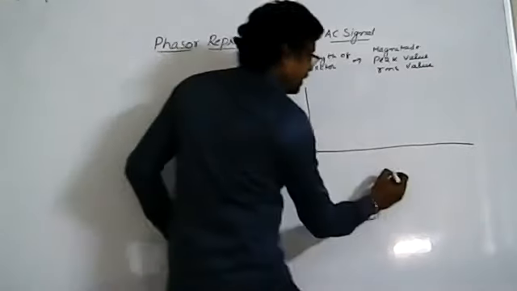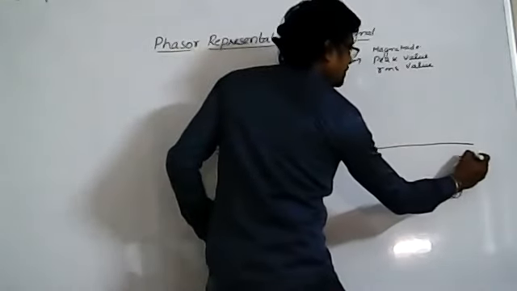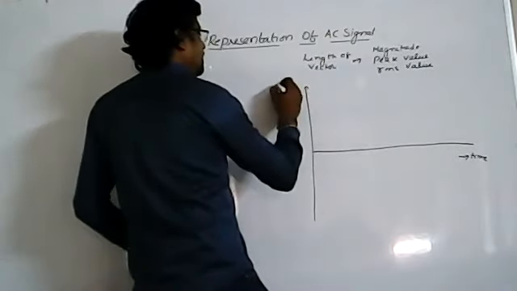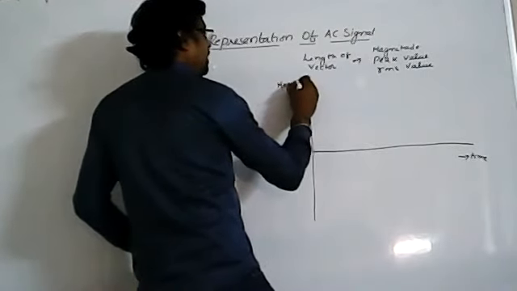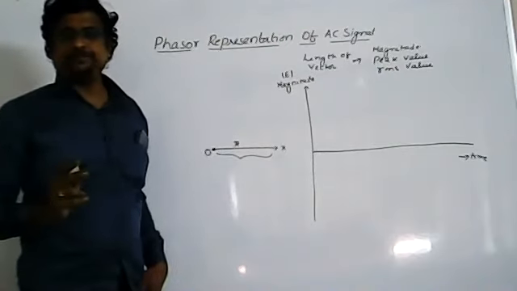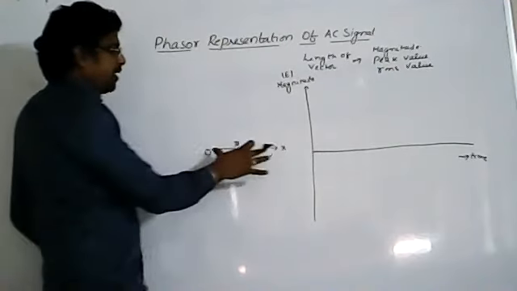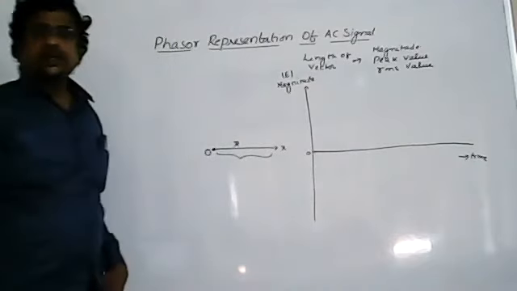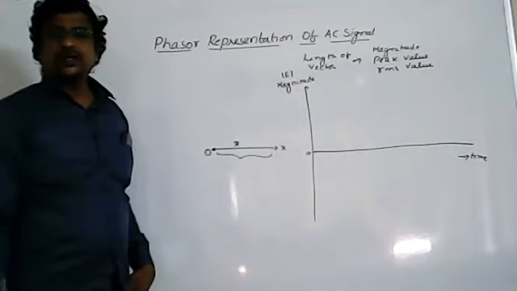So usually on the x-axis I will take time, and on the y-axis I will take the magnitude. Why I am writing magnitude: you can take voltage E or current. Now initially the vector is at position 0.